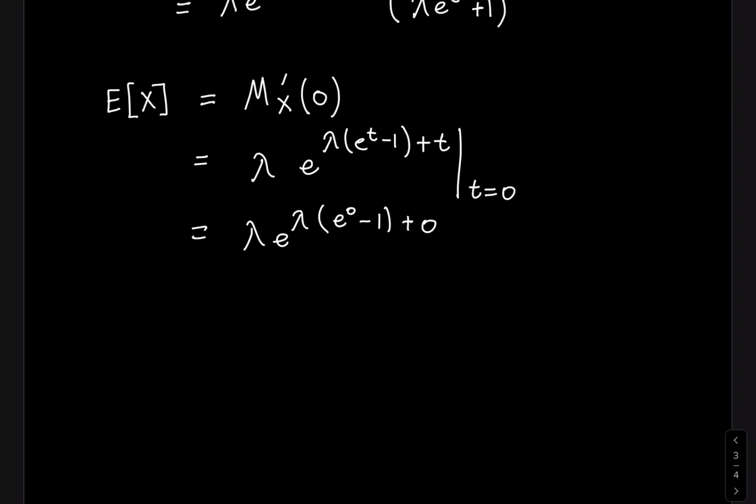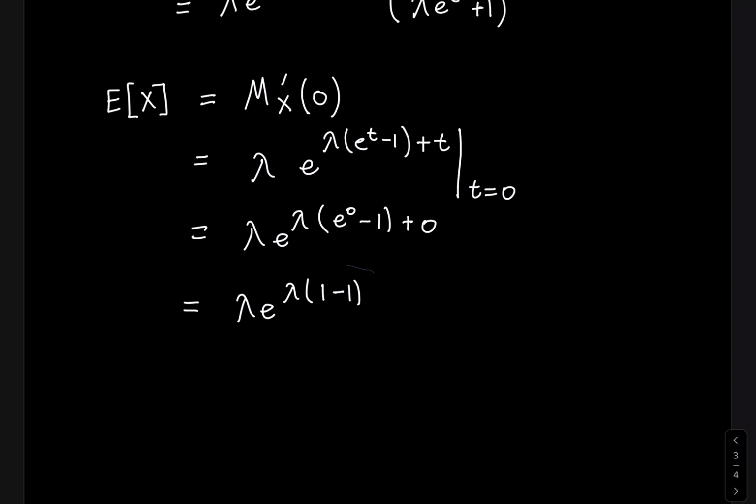So far, so good. Now that becomes lambda e to the lambda, e to the power of 0 is just 1, minus 1, plus 0 we don't need anymore. This whole expression becomes 0 at the top because 1 minus 1 is 0.